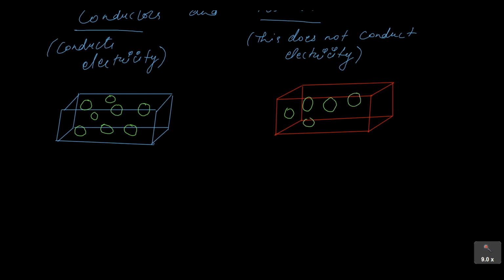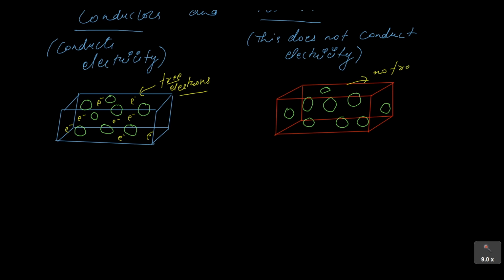But the difference here is that in this conductor you will get free electrons, a sea of free electrons. There will be lots of free electrons in this conductor. In a while I will explain why they are called free electrons. But here there are no free electrons.